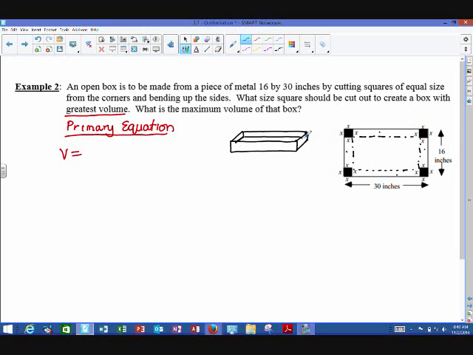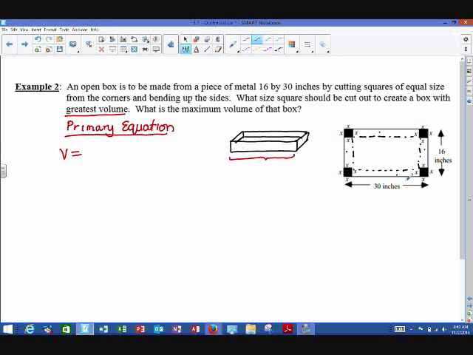So the volume of a box, if you recall, or the volume of a rectangular prism, is just made up by multiplying the three dimensions, length, width, and height. We can call this dimension here the length, which sort of corresponds to the front here.